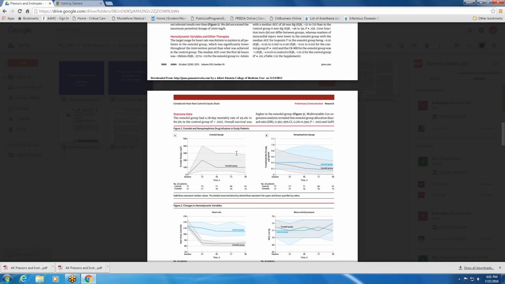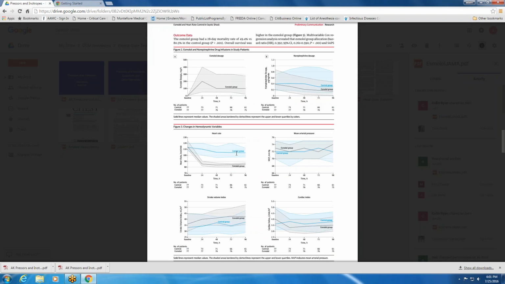So I haven't seen this come into clinical practice outside of some very specific indications. We have one patient up in the surgical ICU now who's on esmolol, but it's very rarely used. But there's interest in it.